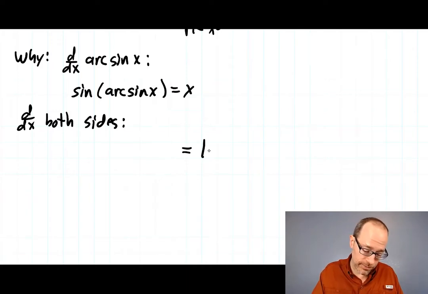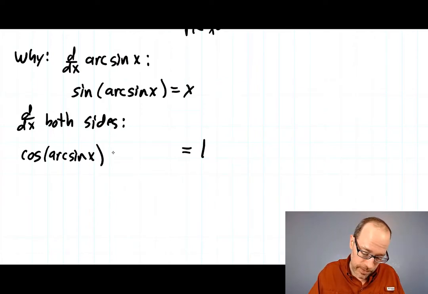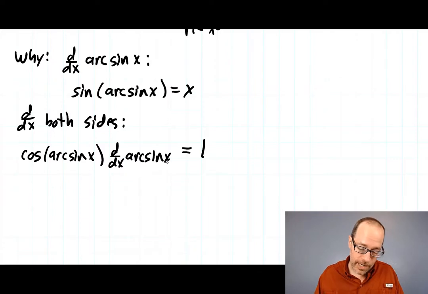So the derivative of sine is cosine. And then you have to plug in the inside function, arc sine. And then you have to multiply by the derivative of the inside function. And we don't know what that is yet. So let's just write the derivative of the inside function. However, you see this is an equation we can solve.